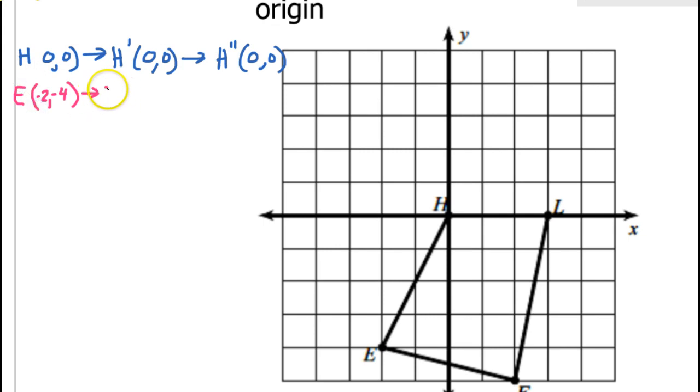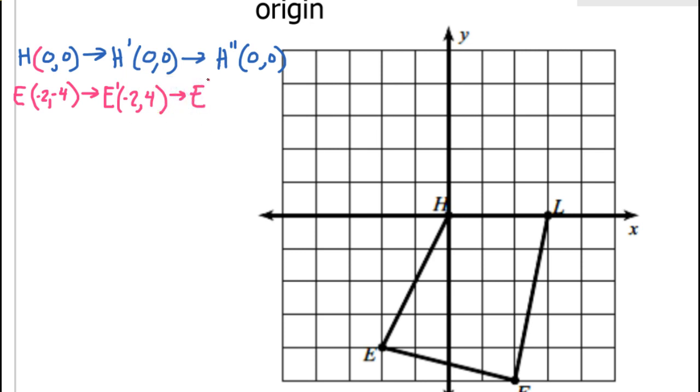This is point E, and now we're going to have E prime. We are reflecting across the x-axis first, so the x value stays the same. So this should be -2, the y value changes, so it'll be (-2, 4). So there we've done the reflection.